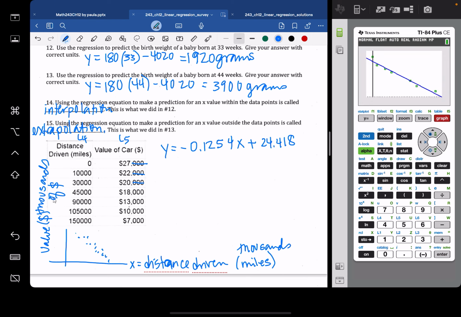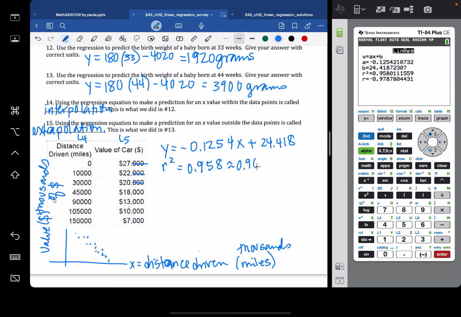Now when I graph this, I get the regression equation showing up and it looks pretty good. And I forgot to write down what the r and r squared values were, so I guess I'll have to do the regression again. That's all there, and I'll just hit enter. Okay, so I have r squared is equal to 0.958, or about 0.96. So 96% of the variation in car value is explained by the distance driven.